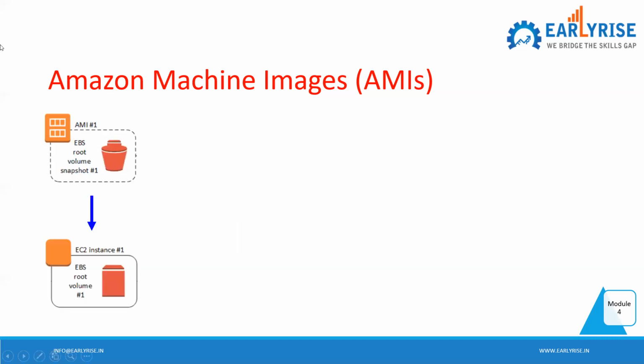Just take a look at the picture, what it shows. You have the volume, you have the snapshot, and apart from that, you have additional information to launch your instance. Got it? So that is the additional configuration, that's it. But snapshot is a building block. It's a part of AMI. So you understand, AMI is more than a snapshot.